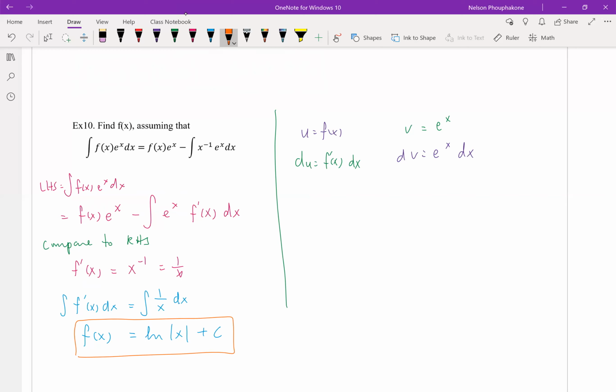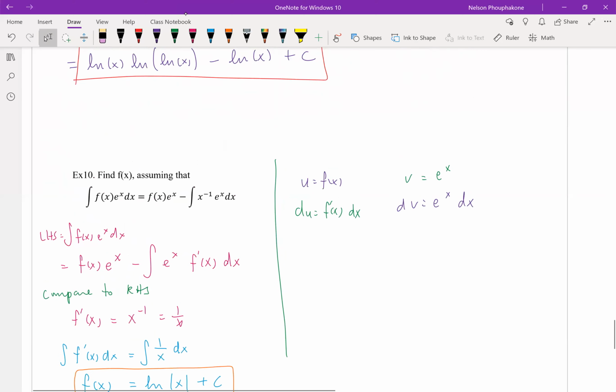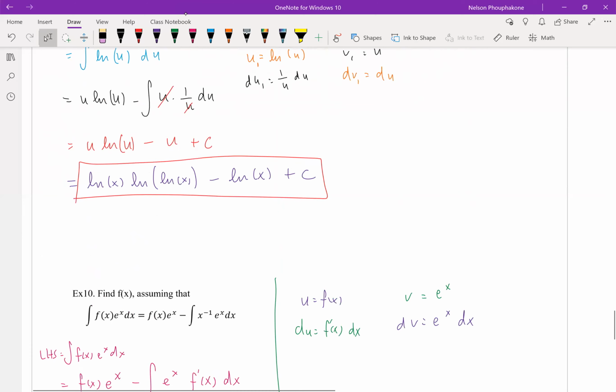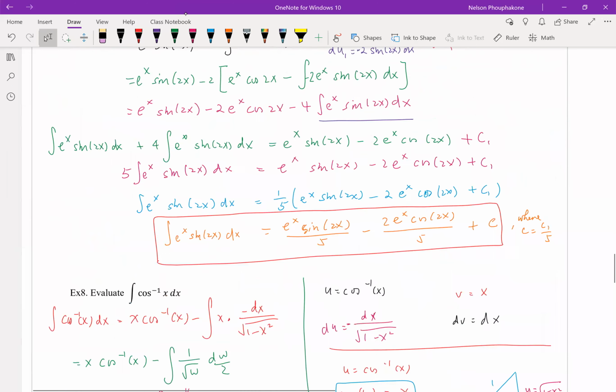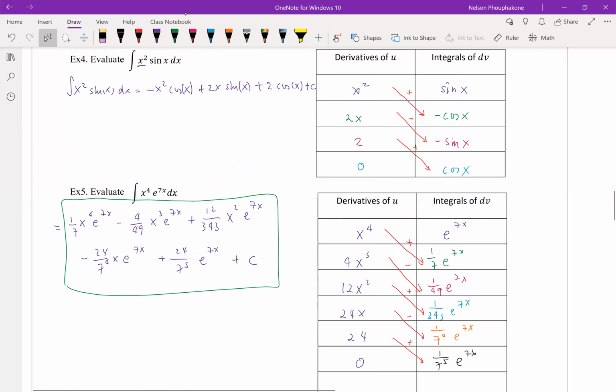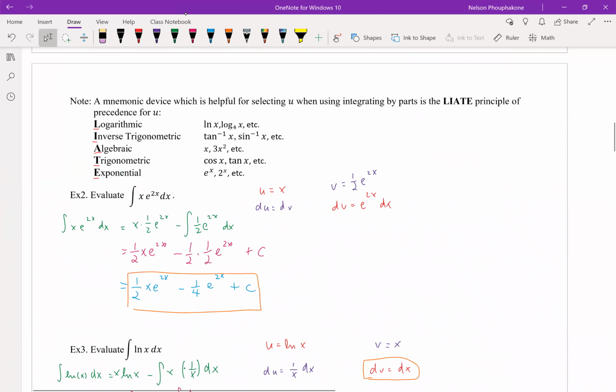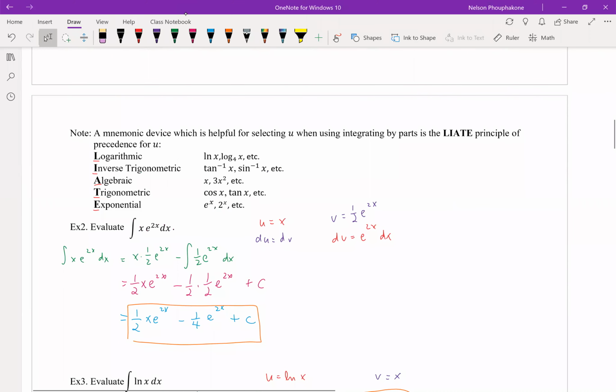So again, the last problem is a little bit tricky, using integration by parts to help us finish the problem. Integration by parts is useful sometimes if you have a product, then maybe we could use it to finish the problem.